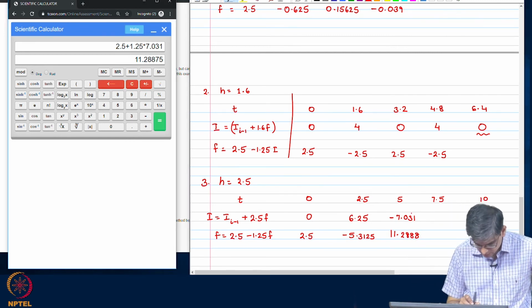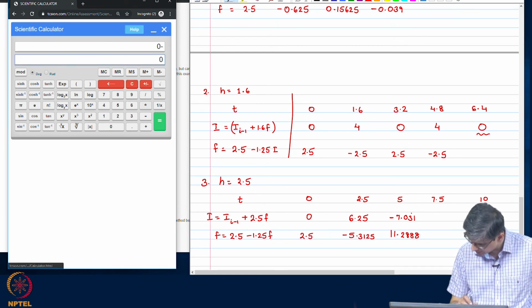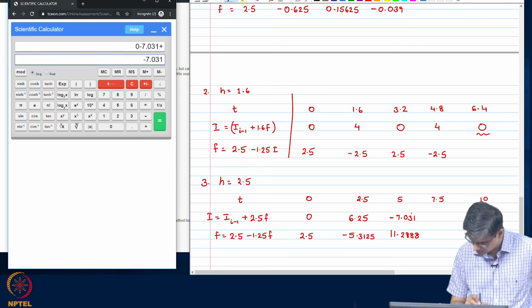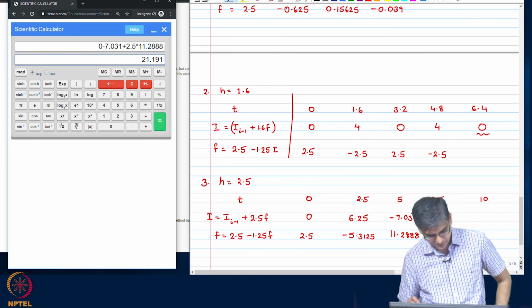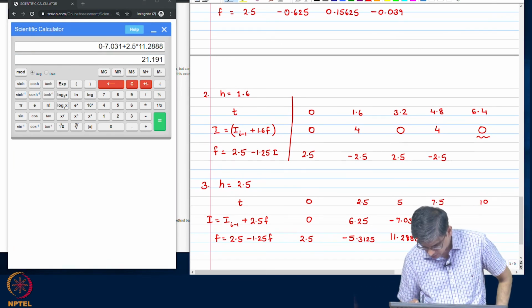So minus 7.031 plus 2.5 into 11.2888 is going to equal 21.191.